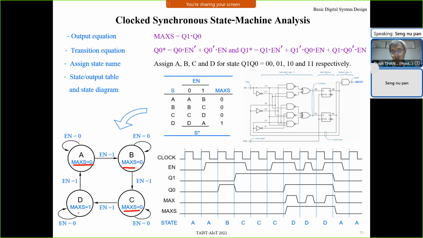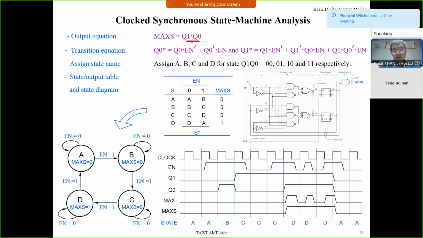Sir, excuse me, sir. Can you repeat the explanation again? Your connection lagged. Now I disconnect, right? Disconnect the input from external input, the one that connects to this AND gate. That means your output function now is just Q0 and Q1, right?